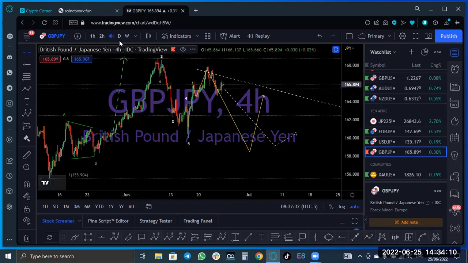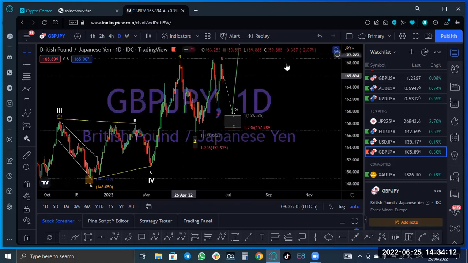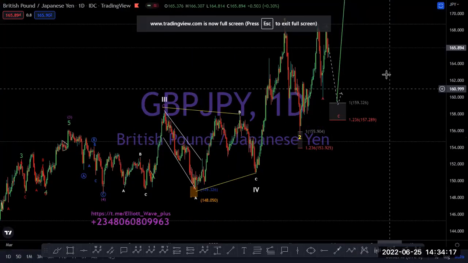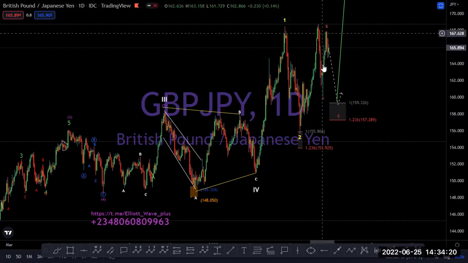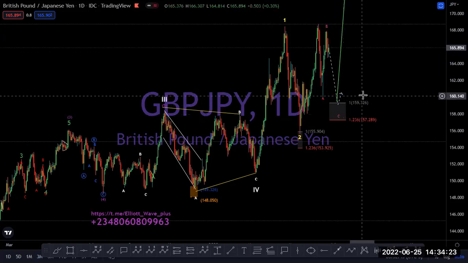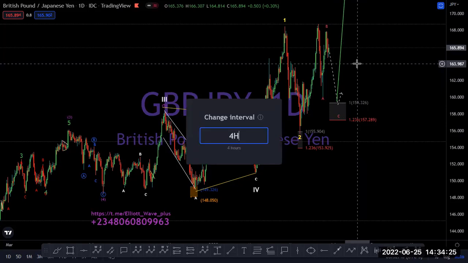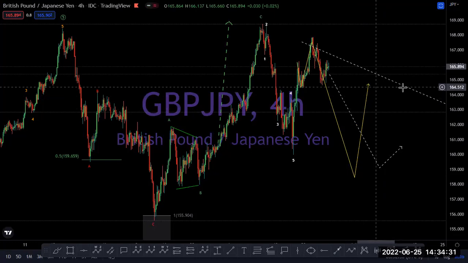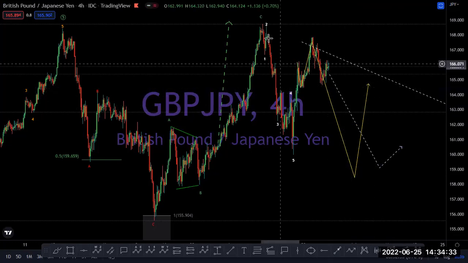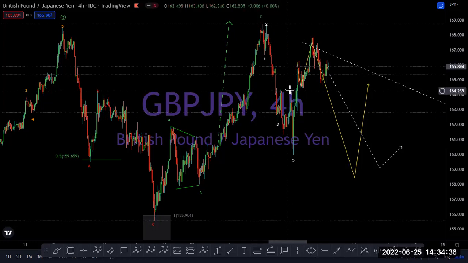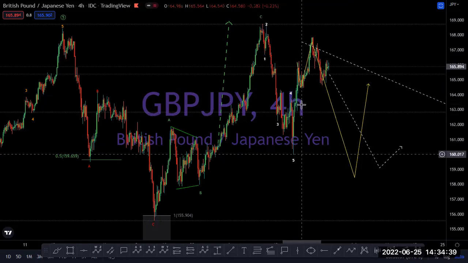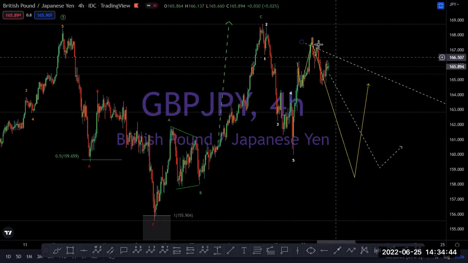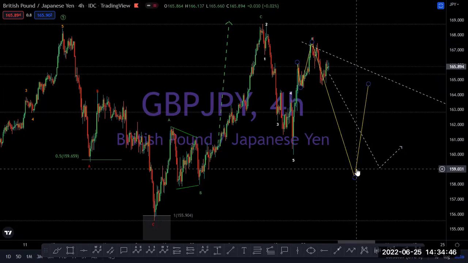Pounds JPY, the same scenario. We are looking for A, B, C. Okay, so on 4 hours, better have a better look. 1, 2, 3, 4, 5 with A, B, C. So we're looking for this channel to give us this drop.